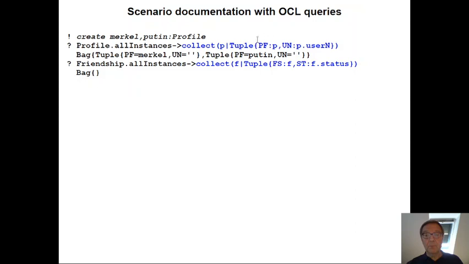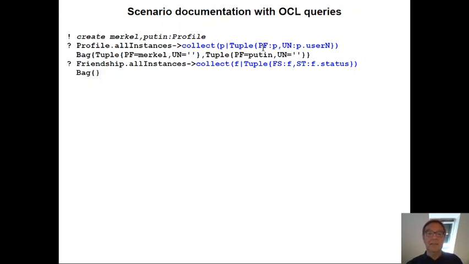The first component is called PF and the second component is called UN. I've chosen these two names, PF and UN, which I can choose spontaneously in OCL for the tuple components. So this tuple component PF stands for profile and UN stands for username.